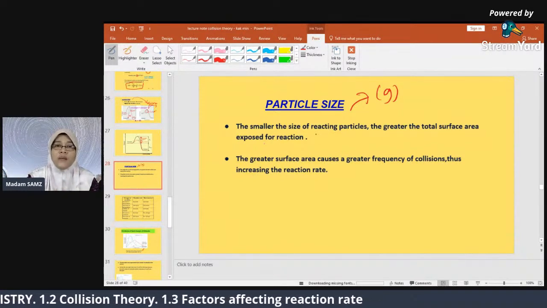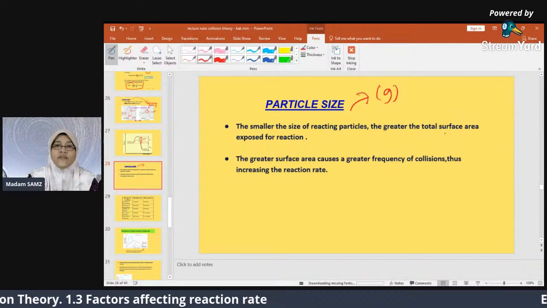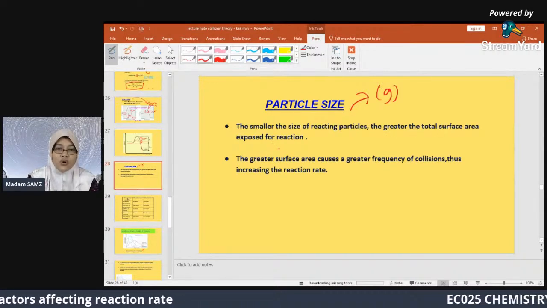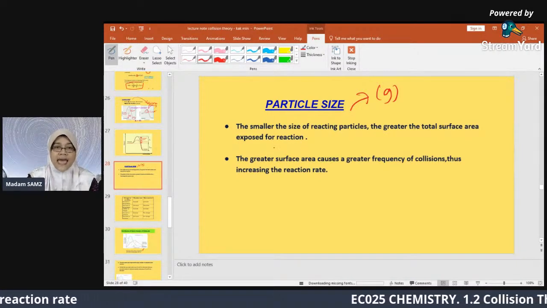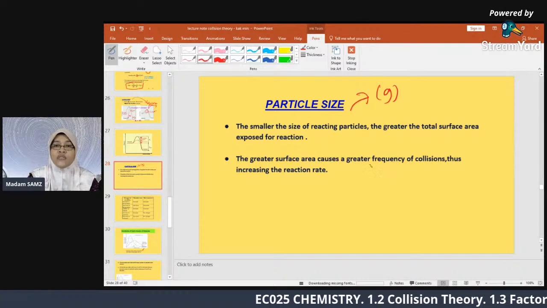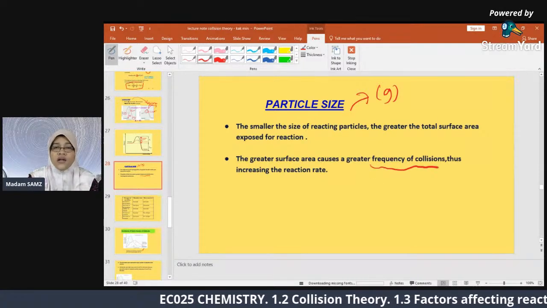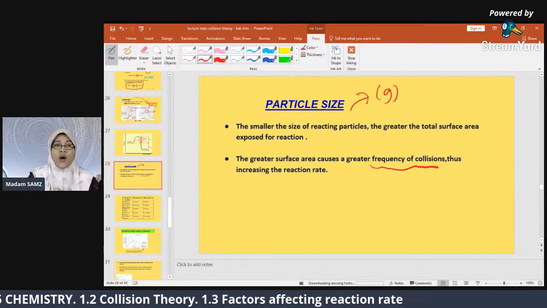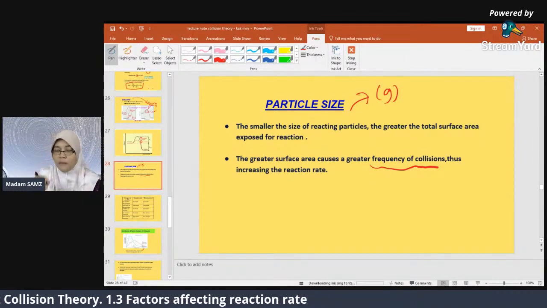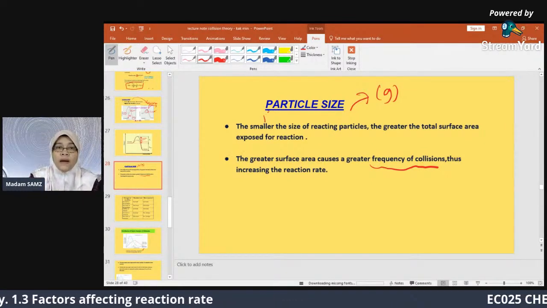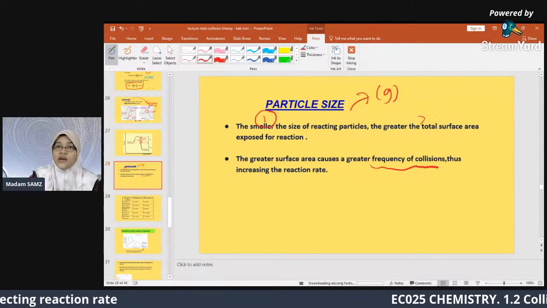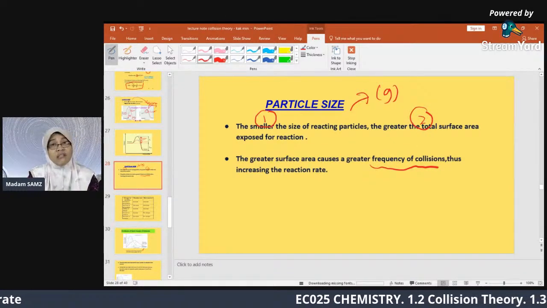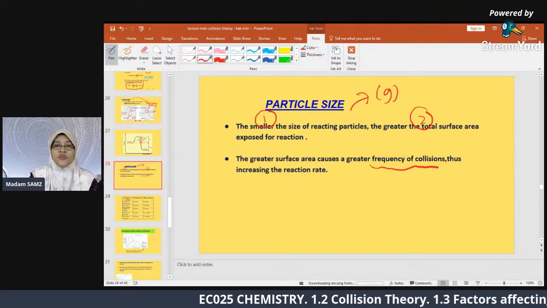Alright, so the smaller the particle size, the greater the total surface area exposed for the reactions, and this makes the frequency of collision higher. So saya nak kamu nampak point macam nak deliver point tu dari awal hingga akhir. Boleh buat dalam point form. So first, smaller particle size. Second, you talk about greater surface area exposed for the reaction.